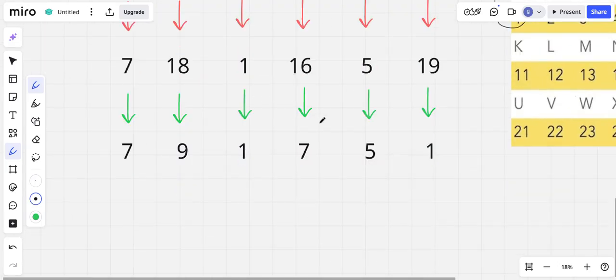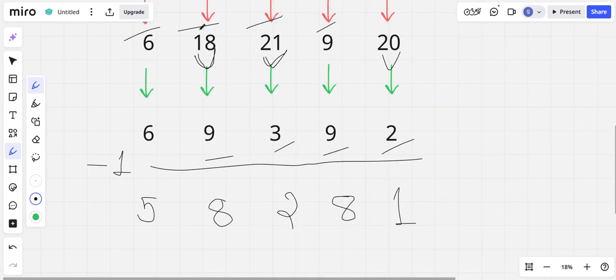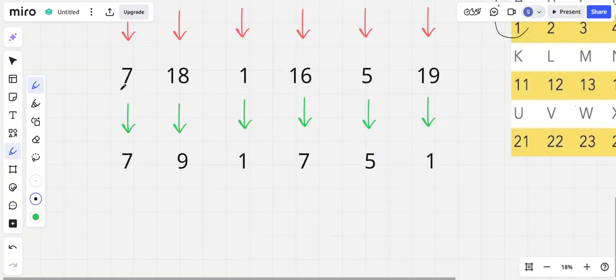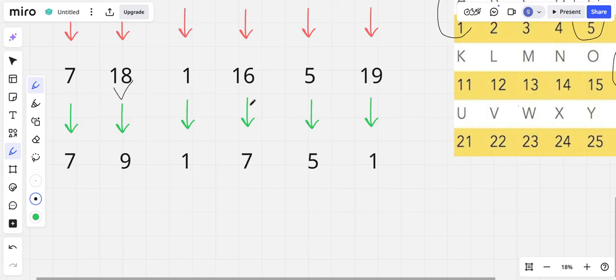The next step, what did we do here? We added the two digits to make it a single digit. For 7, we only have one digit, so write it as it is. For 18, add 1 plus 8, we have 9. For 1, write down the same number. For 16, add 1 plus 6, we have 7. Write 5 as it is.